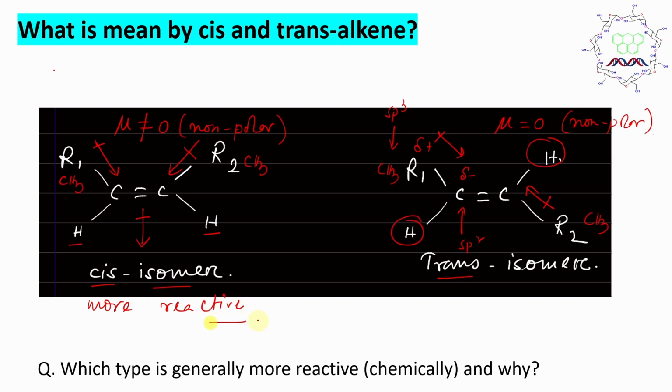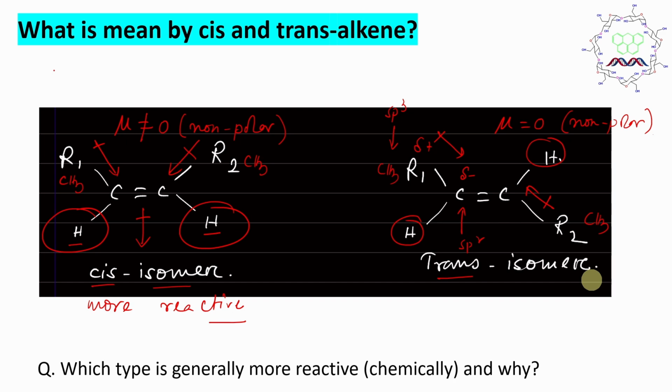So that is what I am saying electronically. Now if you think sterically, on this side both are hydrogen, the smallest atom, less bulky, so the reacting molecule can approach from this direction more efficiently. So both sterically and electronically, the cis isomer is comparatively more reactive than the trans isomer. And this reactivity creates a lot of difference, which we'll discuss later on.